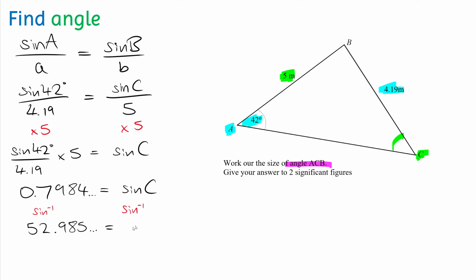It's that angle that we had in the previous question, which, because we want to round to two significant figures, 1, 2, that makes 53 degrees. 53 degrees. That's C, and that's how you find an angle with the sine rule.